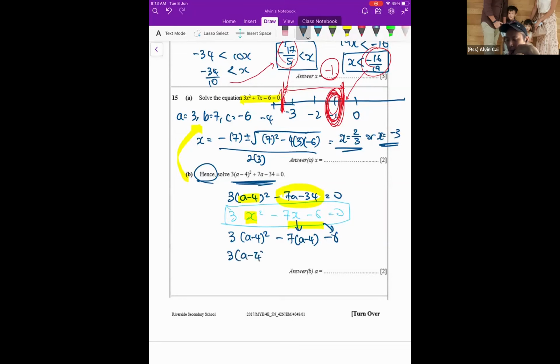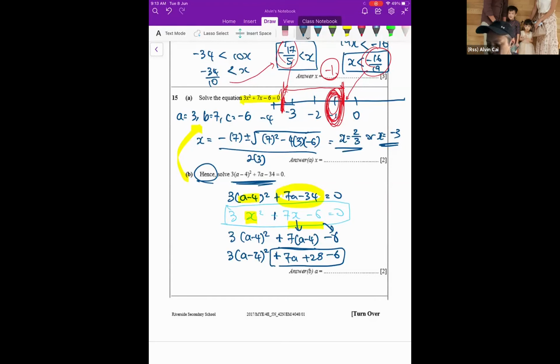I keep the a minus 4 inside here first. Then I expand this. So after you expand, you realize that, and this part, when we simplify, actually it becomes that. Okay, there's an error. There's actually a plus. It's plus over here.